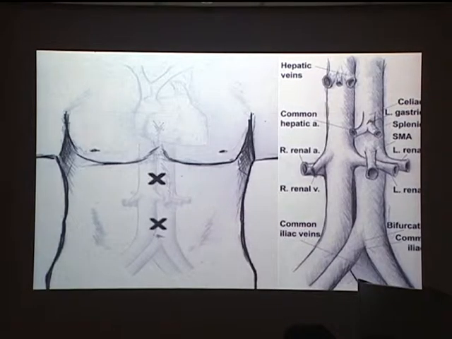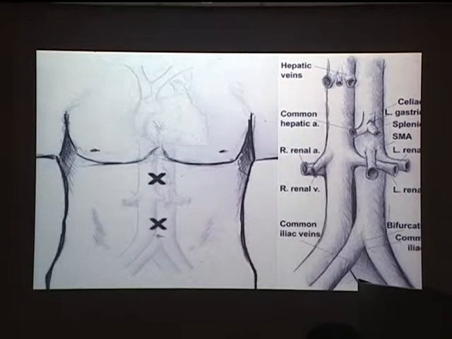Okay. So there are several branches of the abdominal aorta. The major branches are the celiac artery, the superior mesenteric artery, the renal arteries, and the bifurcation. Assessing these branches is not quite important if we just want to see whether the patient has an abdominal aortic aneurysm or not.